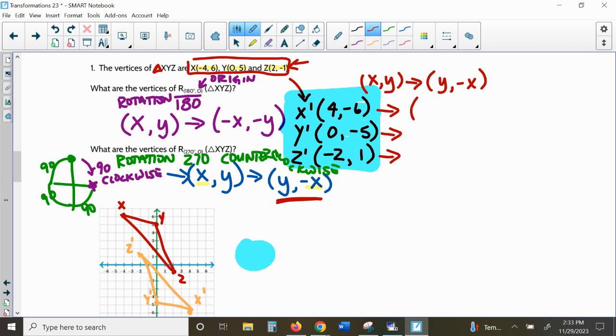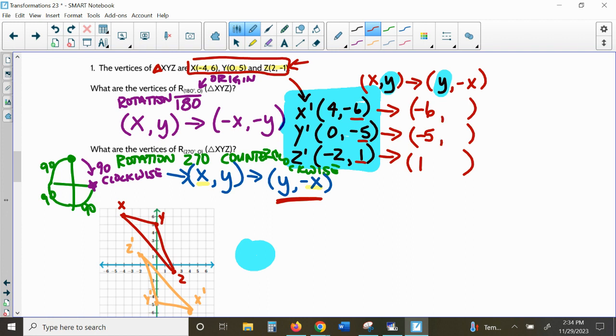So that means, put my parentheses, that means I'm going to take my Y and put it in the Y spot at the beginning. Okay, so I'm going to take my Y, which is right here and here and here. And I'm just going to recopy it: -6, -5, and +1.